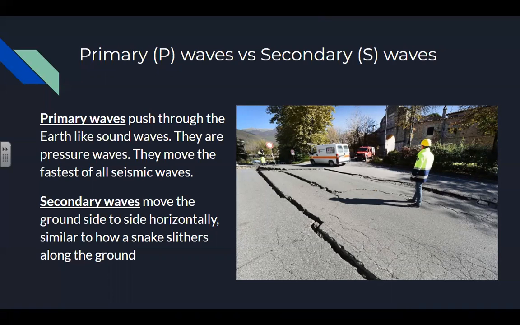Again, it kind of feels like someone dropped something in your house. Right? Just really quick. And then the S wave comes through afterward, and that is what causes the rocking and the shaking and the back and forth. P and then S, primary and then secondary.